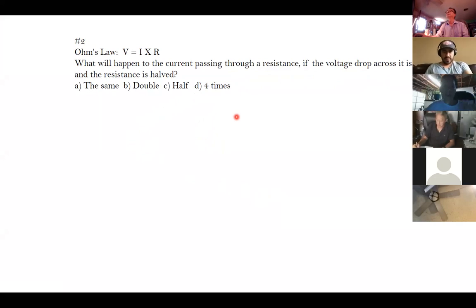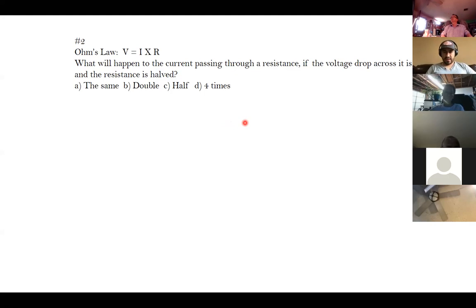That means multiple choice. Will it be the same? A, B, C, or D?